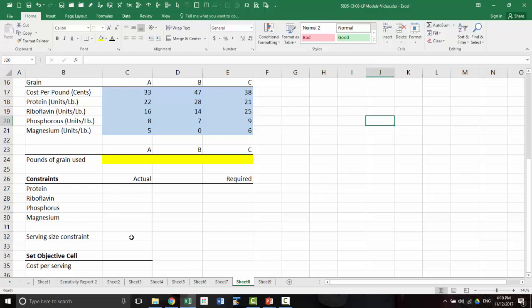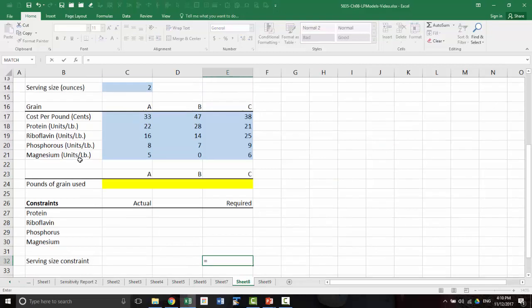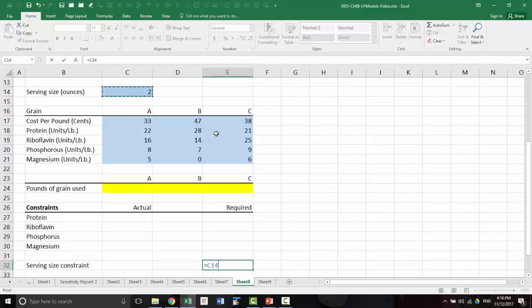Now let's do the serving size constraint first, so that way we'll know exactly what's going on. The serving size must be 2 ounces, but the grains are in pounds. So we have to convert this 2 ounces into pounds. 16 ounces per pound, so 2 divided by 16.